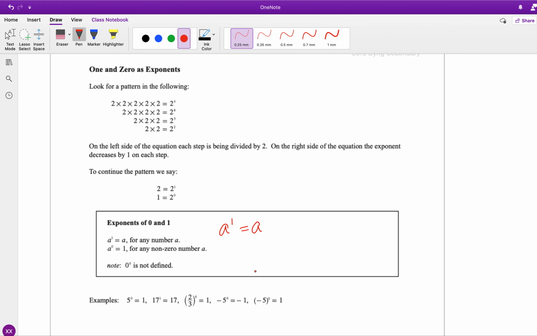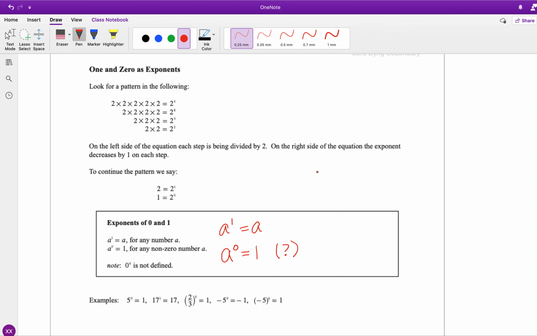Then, of course, it just equals A. Now, something to the power of 0 equals 1. And now why? You should absolutely ask why, okay? We're going to save the why until we come to the exponent laws. At that time we'll prove why something to the power of 0 is 1.